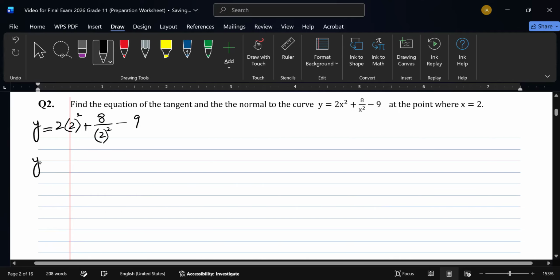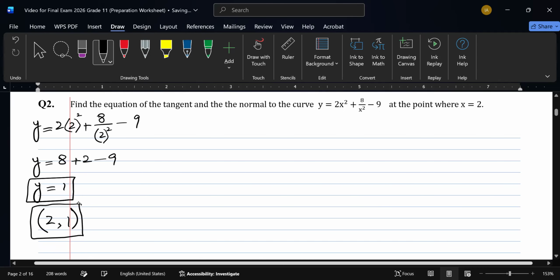It's going to be 8, it's going to be 2, and that's 9. The y is 1. Therefore, the point that the tangent and normal pass through is x is 2 and y is 1. This is the point where the two lines pass through.